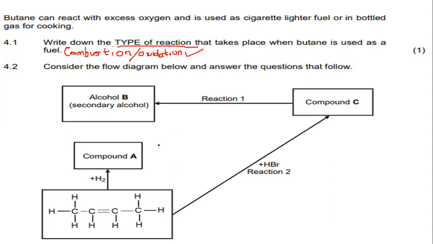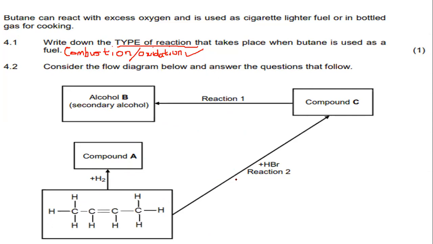It is based on interconversion of compounds between each other, from this compound to a different compound through various reactions of a compound to give you different products. And I told you again that you are very much likely to get a question on organic reactions in the form of a flow diagram.